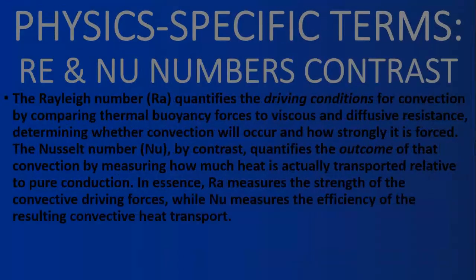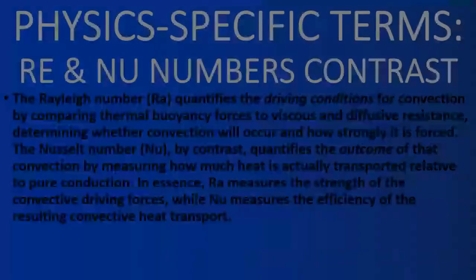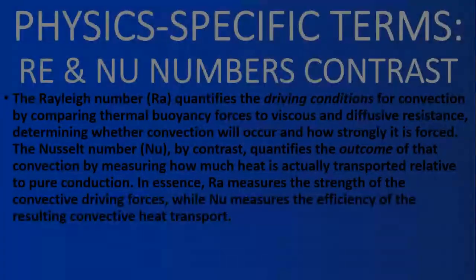Okay, here's the contrast between the Rayleigh number and the Nusselt number. The Rayleigh number quantifies the driving conditions for convection by comparing thermal buoyancy forces to viscosity and diffusive resistance, determining whether convection will occur and how strongly it is forced.